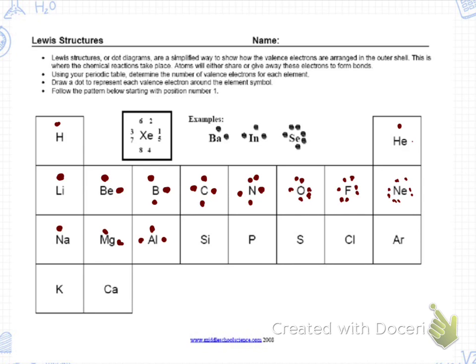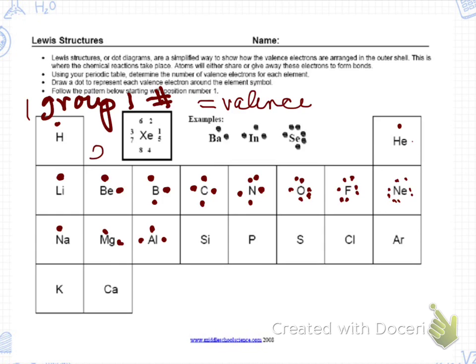But it's a reminder that the group number tells us how many valence electrons there are, at least if you're just counting the main group elements, which are groups 1, 2, 13, 14, 15, 16, 17, and 18 on the periodic table that I gave you.